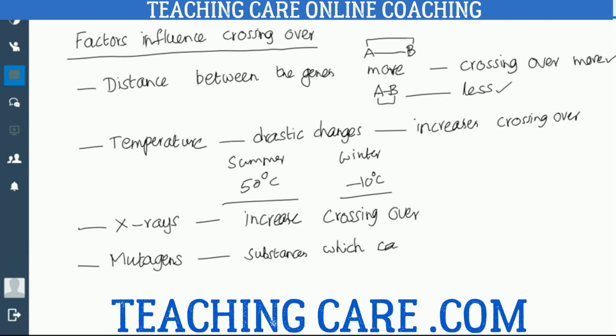So if they are exposed to these mutagens, crossing over will increase. So these are the factors which will influence crossing over.